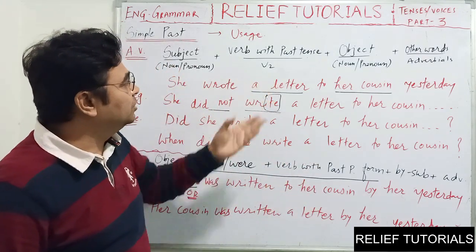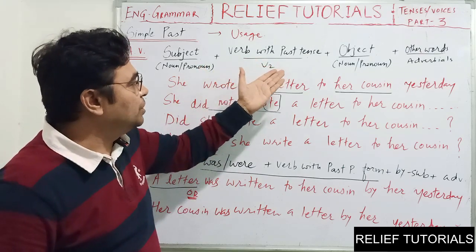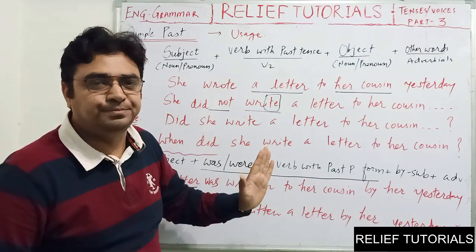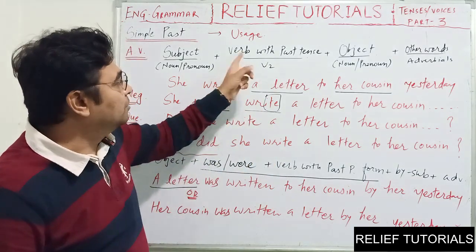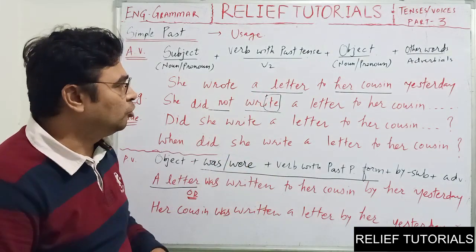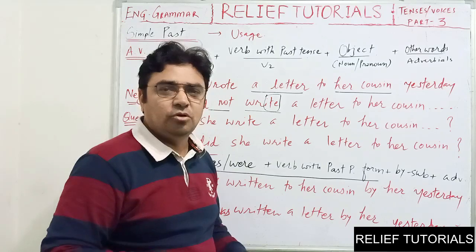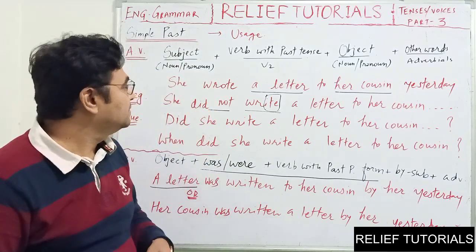Here the change is seen only in the verb. Earlier it was root form with s or es or simple root form. But here now it is the verb in past tense, also called the V2 form, followed by object, that is again noun or pronoun, then other words or adverbials, whatever you want to call it.